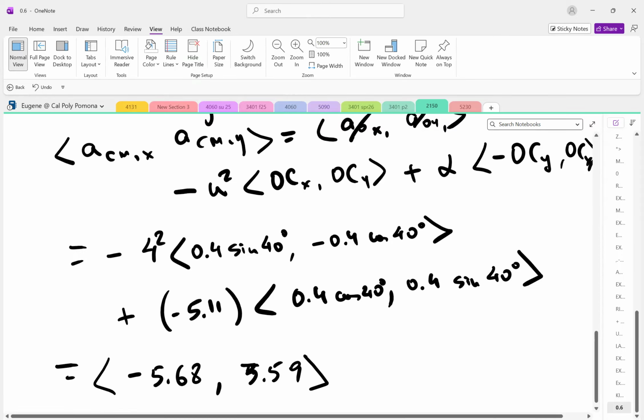That's the acceleration, right? Now we go for the kill.